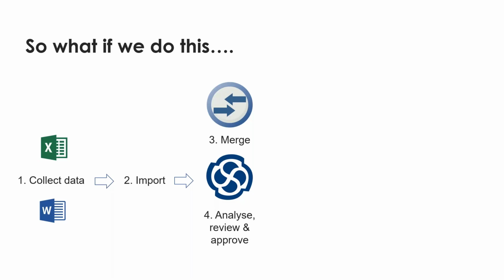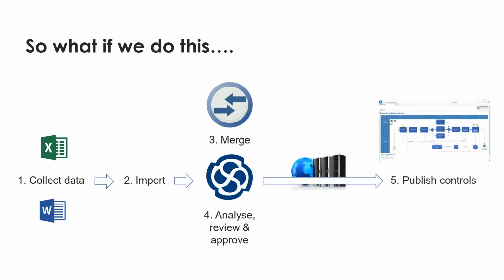I think this is really interesting and also very important, to approve things. So the people who had written the data or collected the data, the controls and things, they are also involved in approving. Finally, we need to publish everything. We need to publish the processes with their controls.